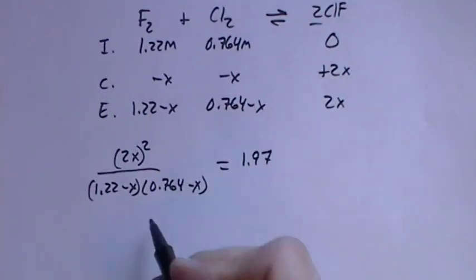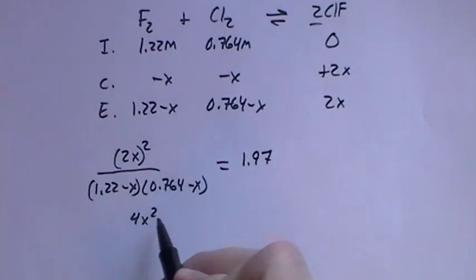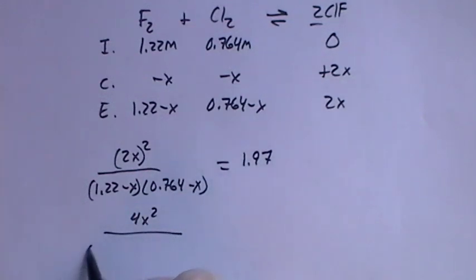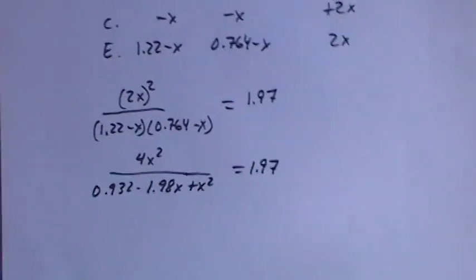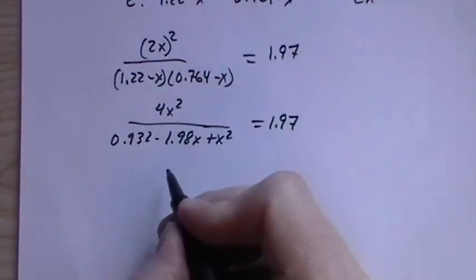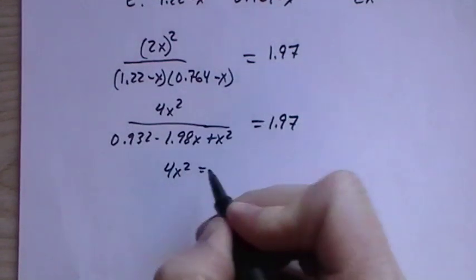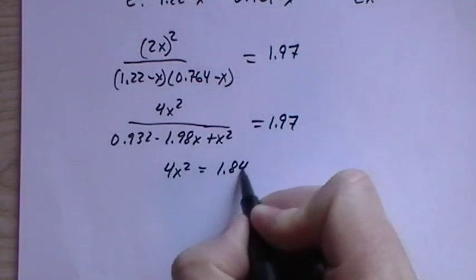And so I'm going to expand this out for x squared over 0.932 minus 1.98x, x squared. I was tempted to just go this fast and act as if I'm just doing this in my head. So see how easy it is? Well, you know, you're going to have to use your calculator.